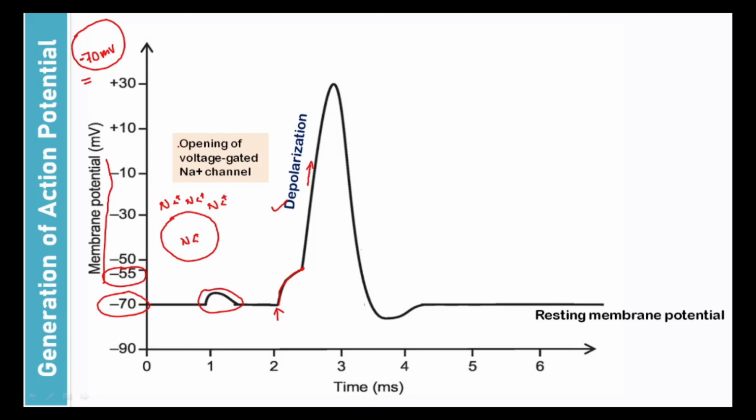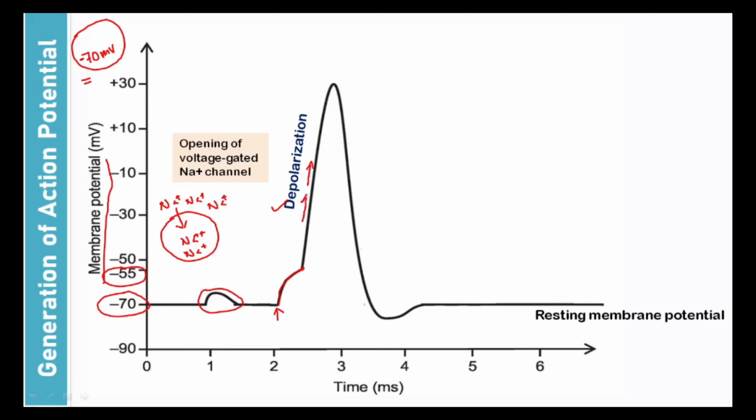So whenever the voltage gated sodium channel opens, sodium comes inside. Sodium is a positively charged ion, so it is coming inside. Therefore there is a polarization shift, that means the membrane potential is increasing.